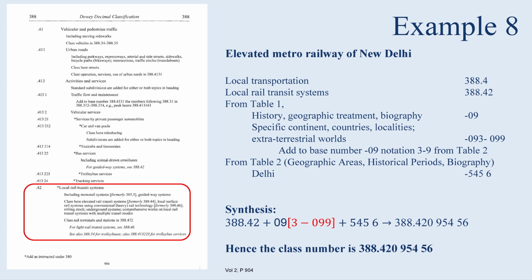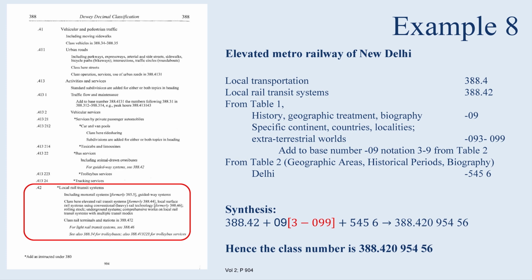We cannot find any instruction or direction from DDC under 388.42. That's why we have to use Table 1 for specific continents, countries and localities and extraterrestrial worlds, and then gather the number for Delhi from Table 2, that is 5456.